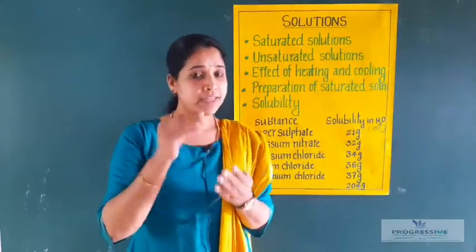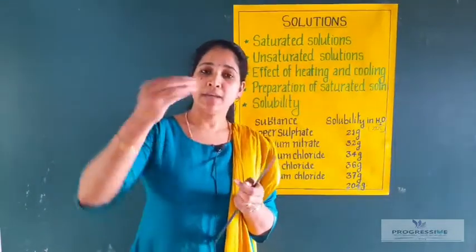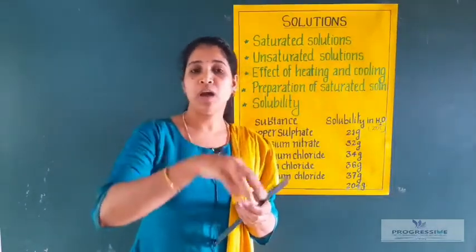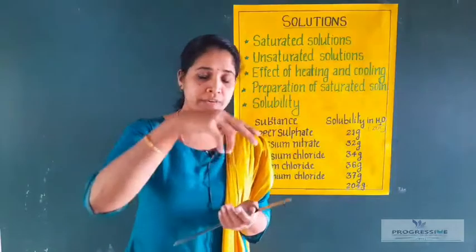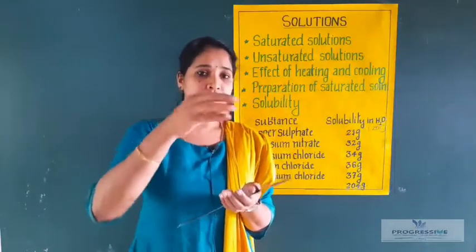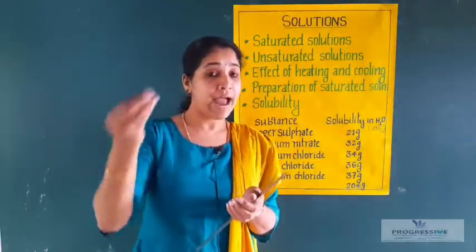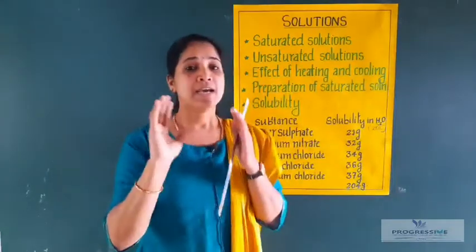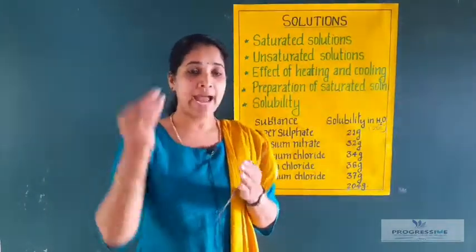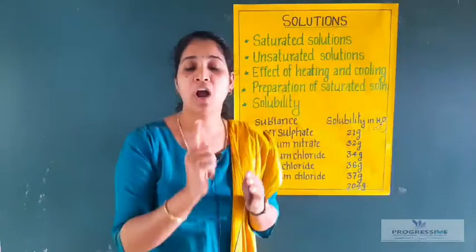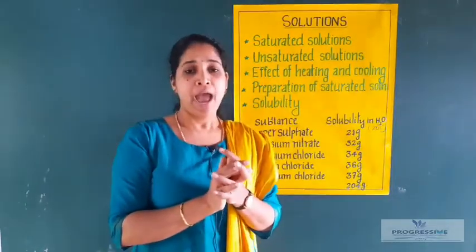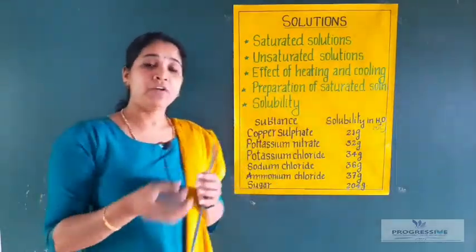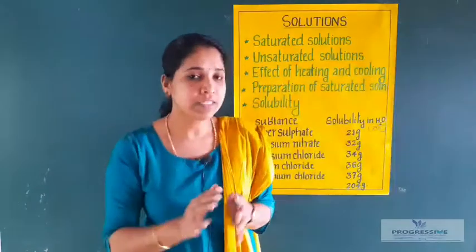At that time, we add some more salt into the water. We can observe that the added salt is not dissolved in the water. And after that, we want to filter this solution.